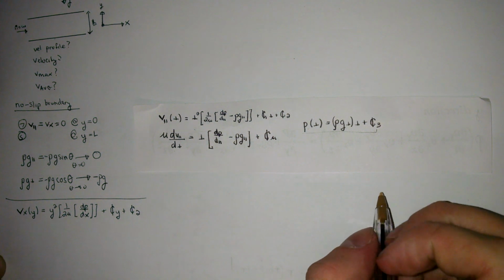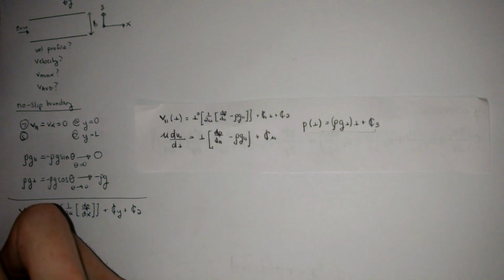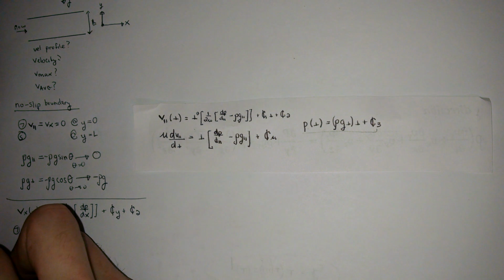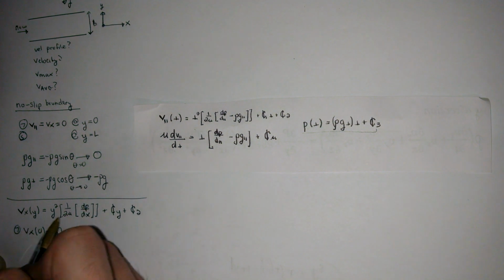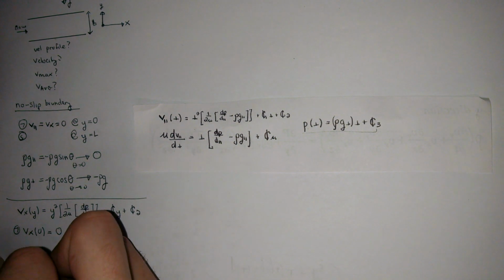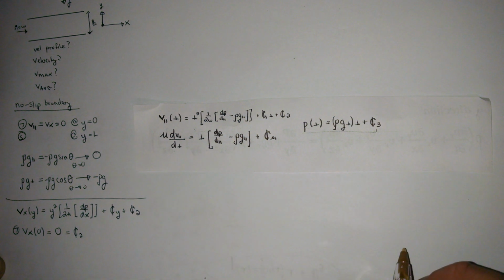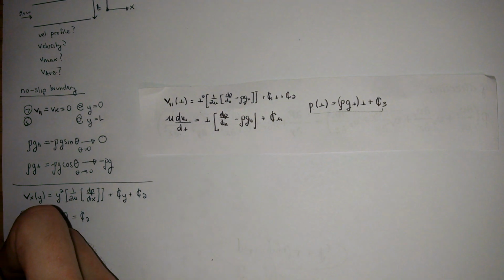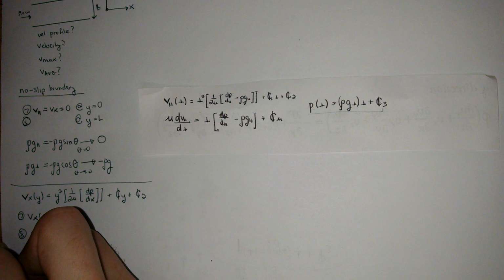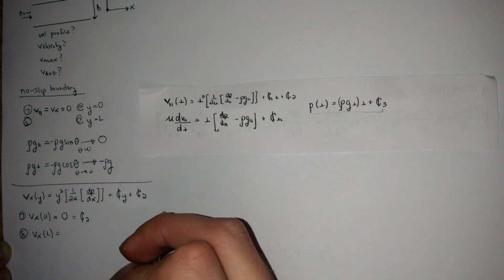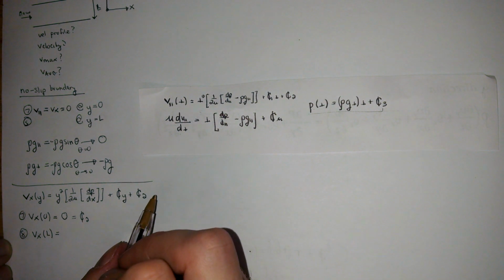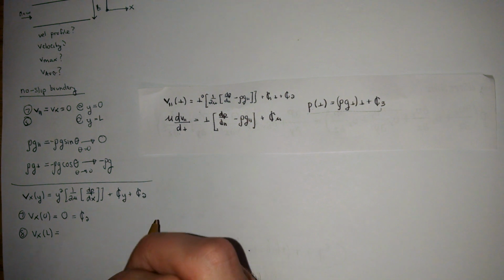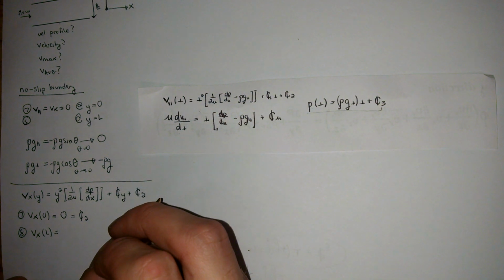So if we apply our boundary condition 7, Vx of 0 equals 0, these both go, and we find that c2 equals 0. If we apply 8, we see that Vx of L is going to be sort of a mess.